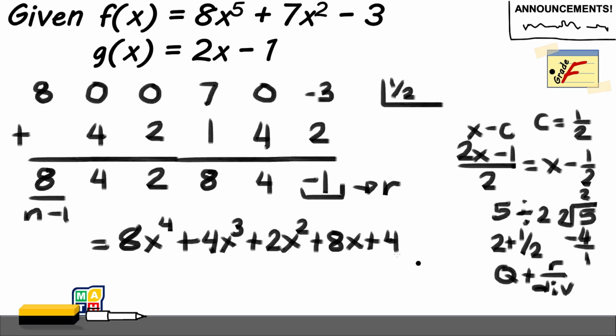First, since it's negative, we will be using minus. Or if you would like to use plus negative 1 here, because it's plus remainder, it's still okay. But of course, you have different signs, so the negative will still prevail. Over our original divisor, 2x minus 1.